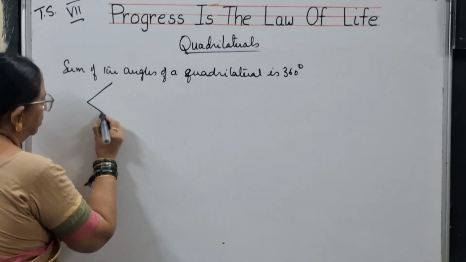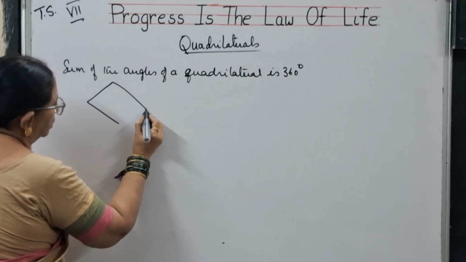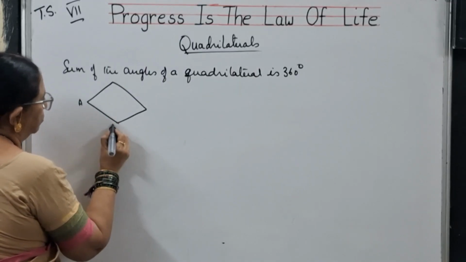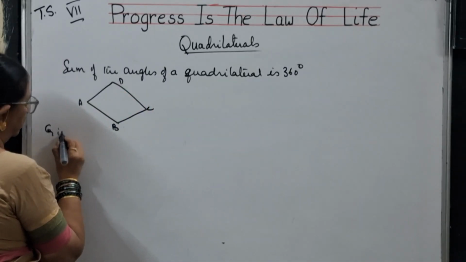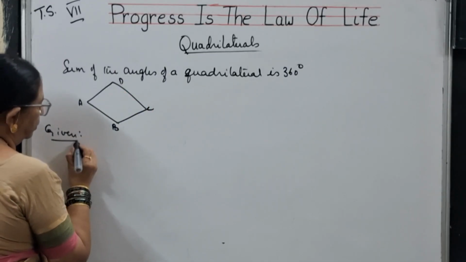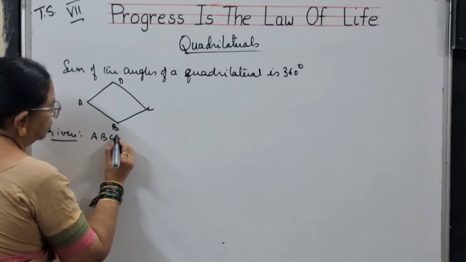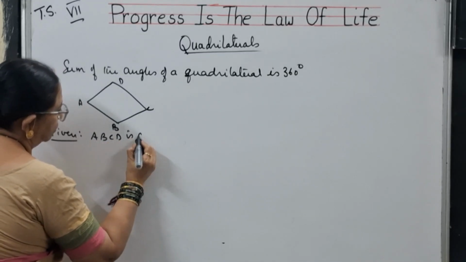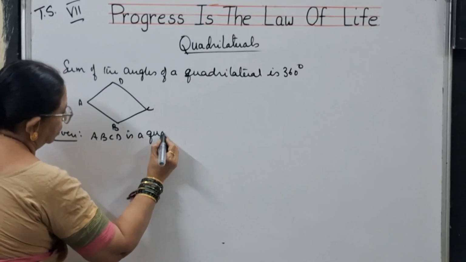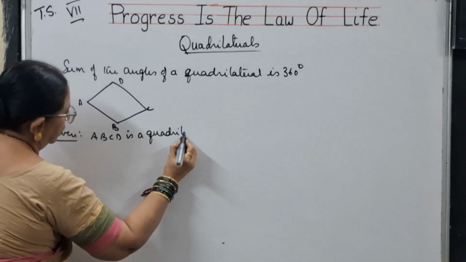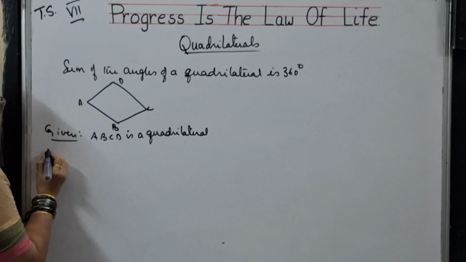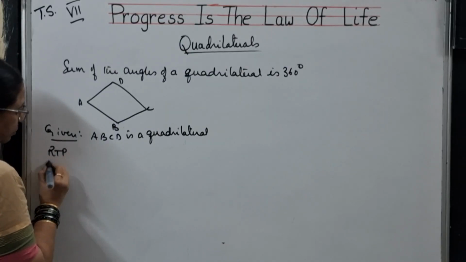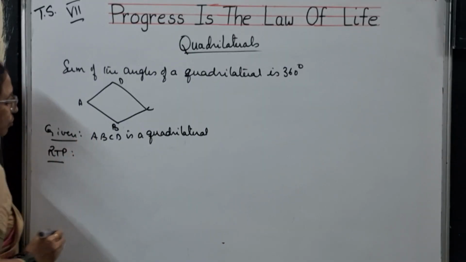See, children, let me take A, B, C, D. So what is given to us? They have given ABCD is a quadrilateral. This is given to us. Now, what is RTP? RTP means required to prove.